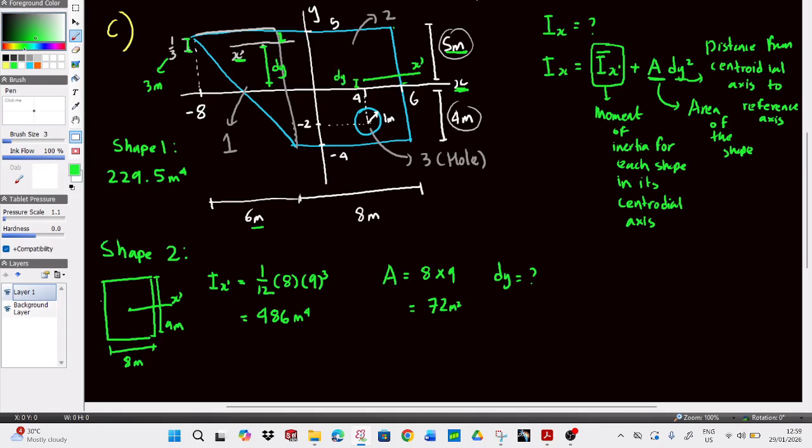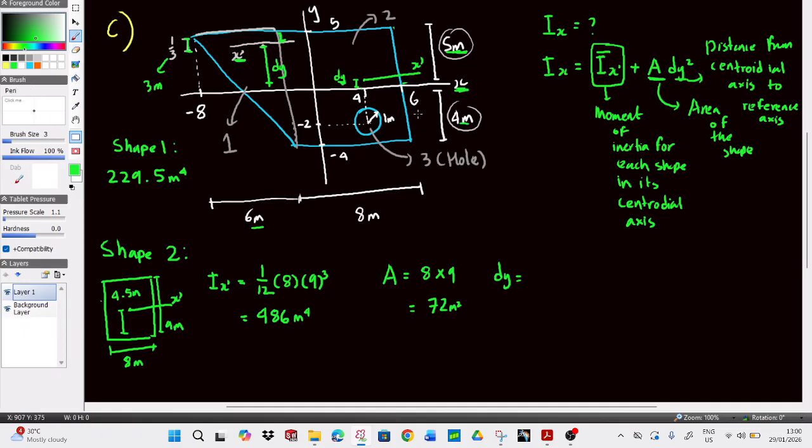I told you it's 9 meters, and half of it is 4.5 meters. But since the rectangle is not actually even on the x-axis, it's just simply 5 and 4 meters. So the dy is somewhere a little bit on the top. How are you gonna compute the dy?